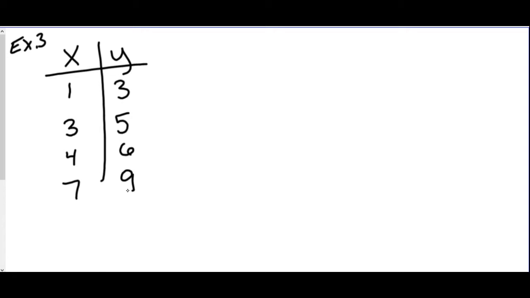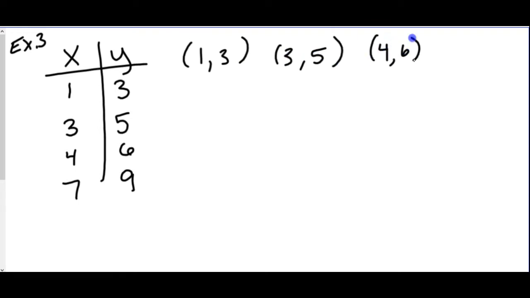When we have a table, that's really just a whole bunch of points. We have the point 1, 3. We have the point 3, 5. We have the point 4, 6. And we have the point 7, 9. We have a whole bunch of points.